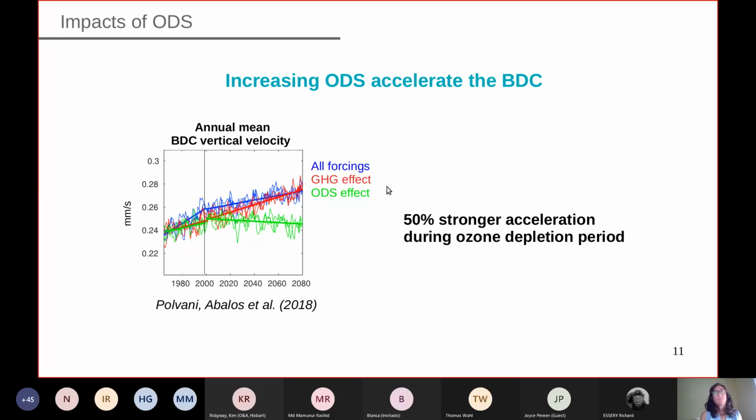And well, this is just for one model, I should say, but this result is consistent for multimodel means of several chemistry climate models. And if we look at the attribution here, looking at the individual forcing runs, we can see that this change in the slope is clearly attributed to the effect of the ODSs.